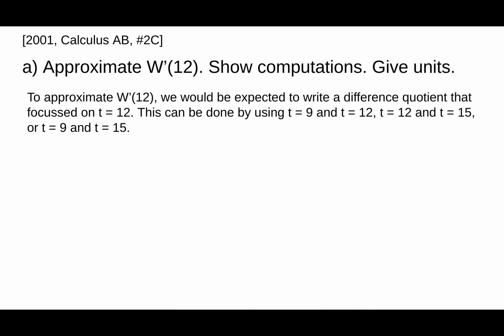Now normally when we have a table of values and we are asked to approximate the value of a derivative based on the values in the table, you would be expected to write a difference quotient, focused on the value of t in question, in this case t equals 12. There's generally 3 different ways that you can do this.